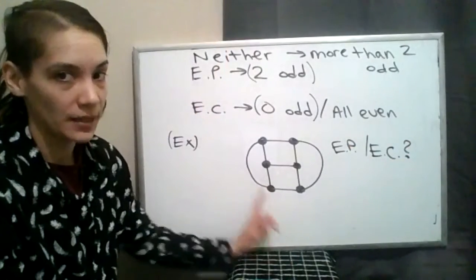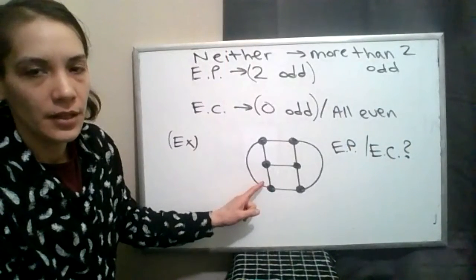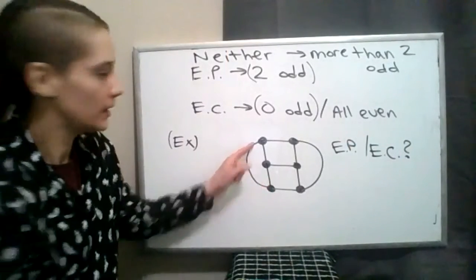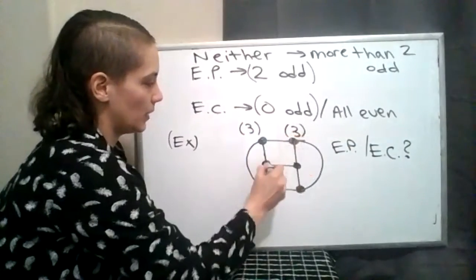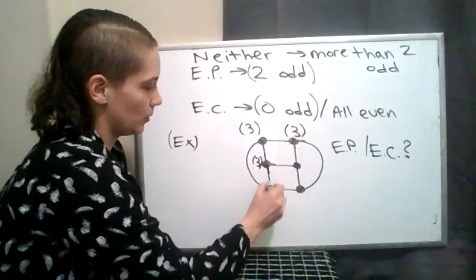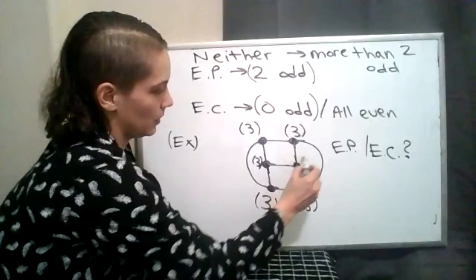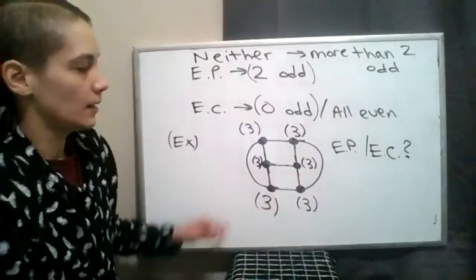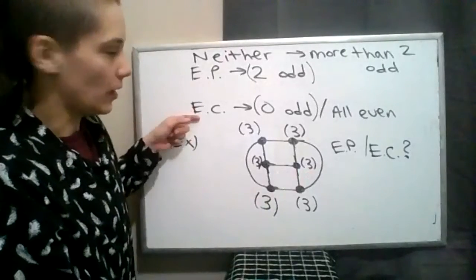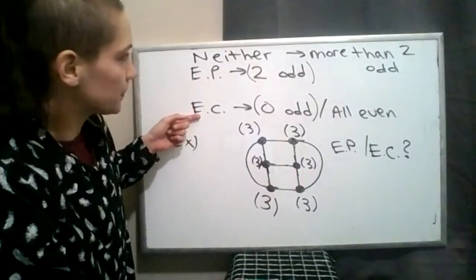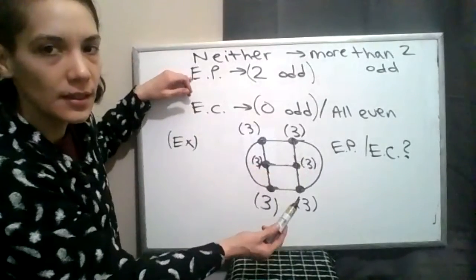So can we have an Euler path in this graph? Let's check out the degrees of the vertices. So this one's degree 3. 1, 2, 3. 1, 2, 3. 1, 2, 3. This is 3. Okay, all odds. So we want all evens to have a circuit, so it's not a circuit. You can have exactly 2 odds, which makes it a path, but there's more than 2 odds. So this one's neither.